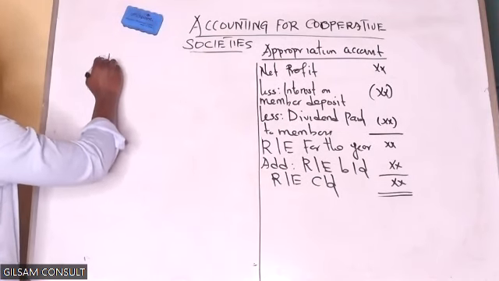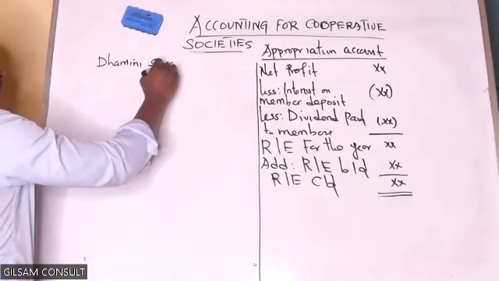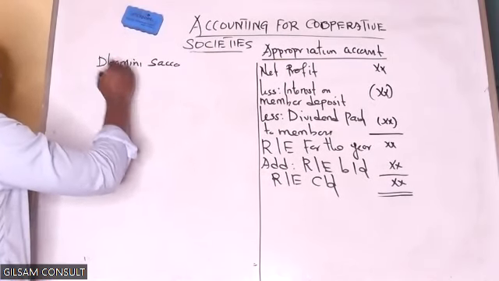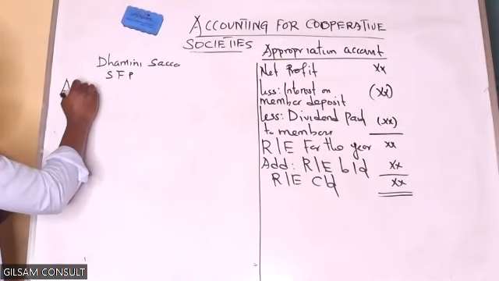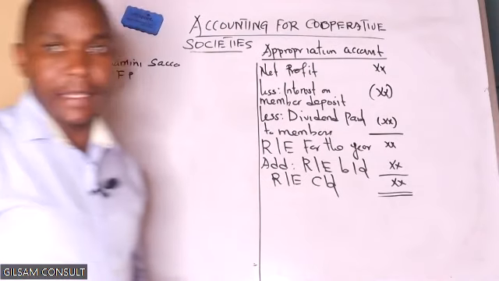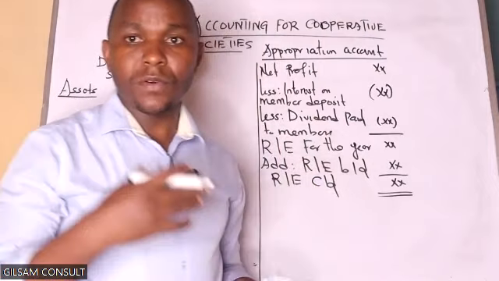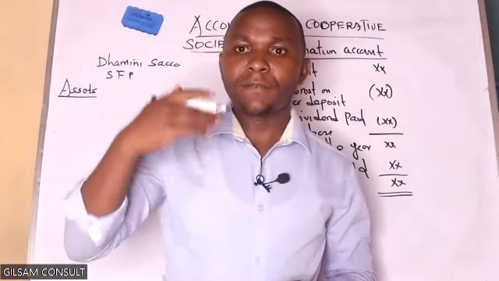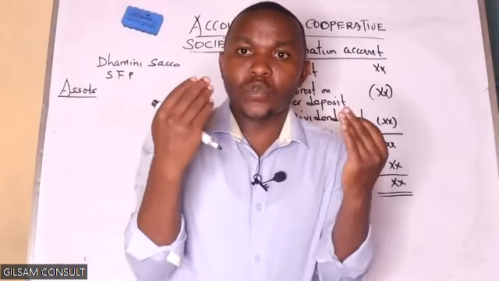So we will arrange our assets in order of liquidity. When we say in order of liquidity, is that we start from those assets which are more liquid or which we can convert easily into cash.